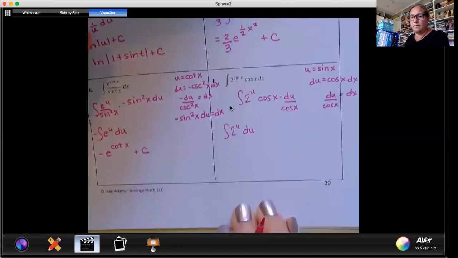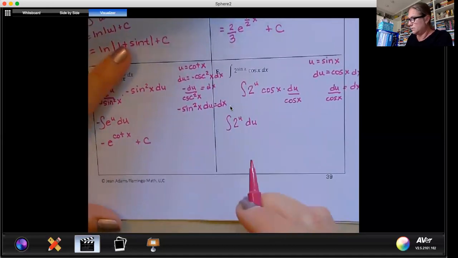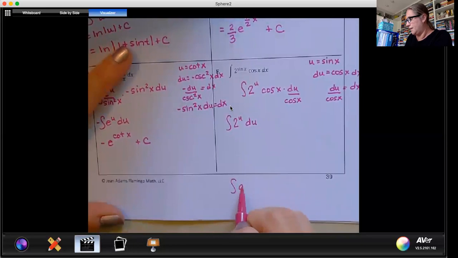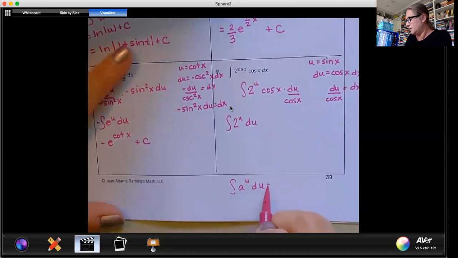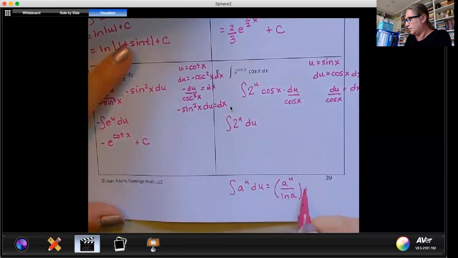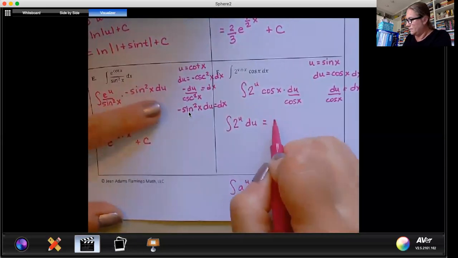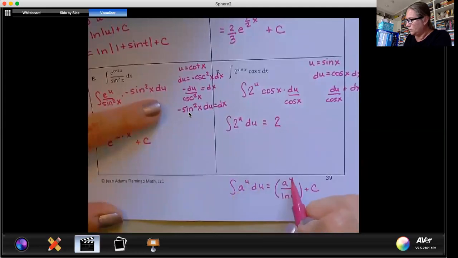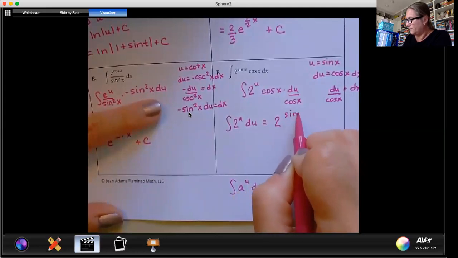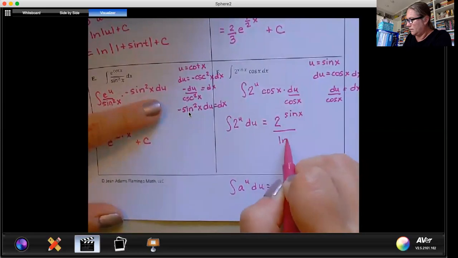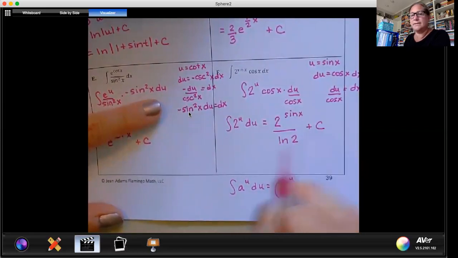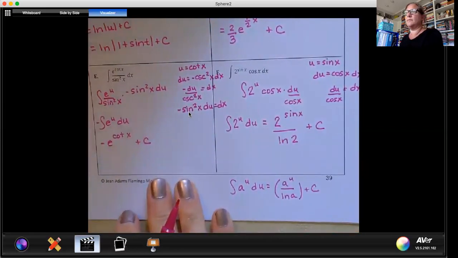Taking a look at your formulas on the front page, the antiderivative of a to the u du is a to the u over ln a plus c. So that's 2 to the u over ln 2 plus c. Again, knowing those formulas, being familiar with those formulas will be very helpful.